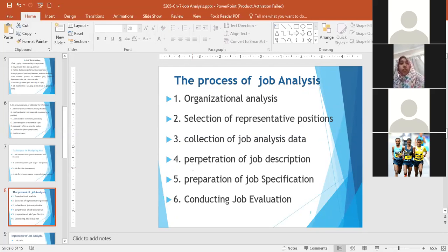So first of all we have to think about our situation, okay. Then number 2 is selection, okay, selection of representative positions. Number 2, the second process of job analysis is selection of representative positions, okay.